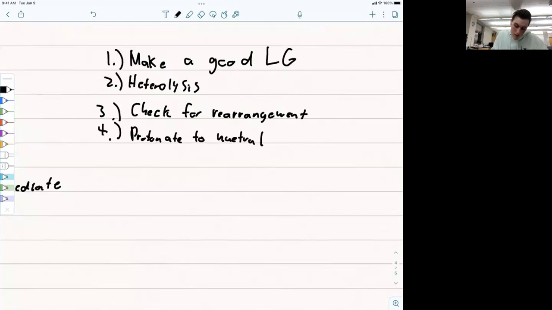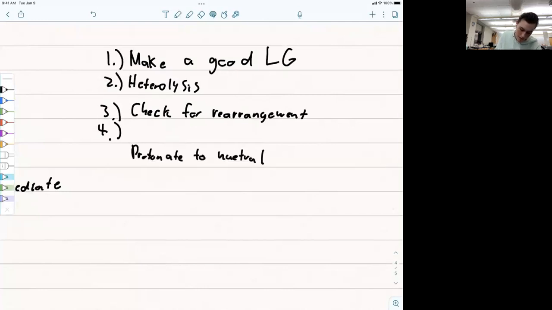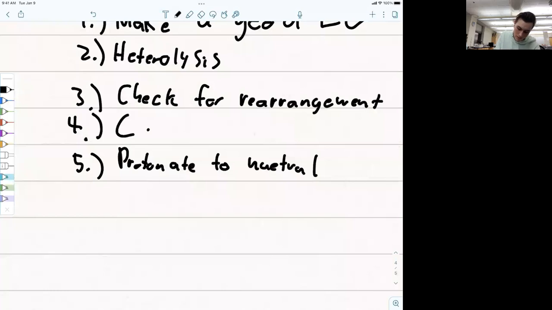And then my last step is going to be protonating to neutral. I'm sorry, 5 steps. Number 5 is protonating to neutral. And then I also have coordination.